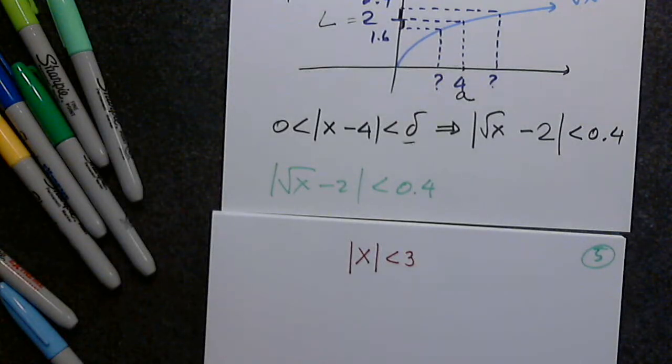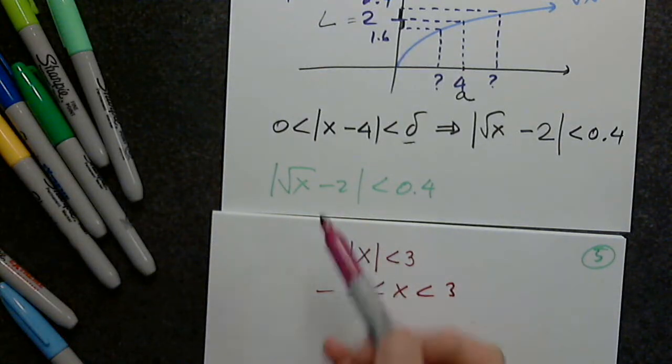We're trying to find x values whose distance from x to 0 is less than 3 units. Where will I find those numbers? In between negative 3 and 3, of course. Thank you.